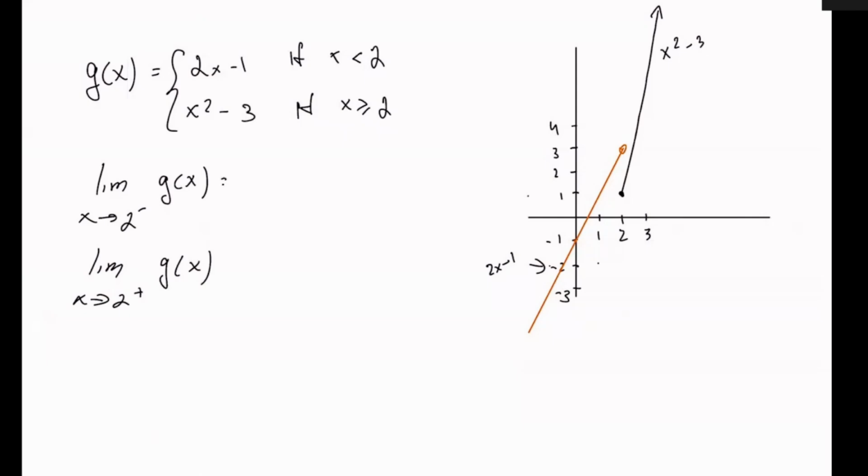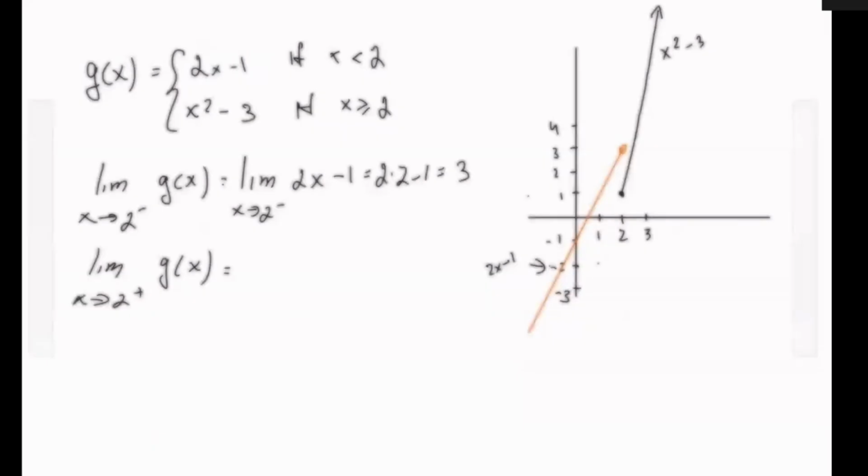So from the left side, when x is smaller than 2 but approaches 2, we're looking at the linear function. So we have here the limit as x approaches 2 from the left side of 2x minus 1, which is 2 times 2 minus 1. That's going to be 3.